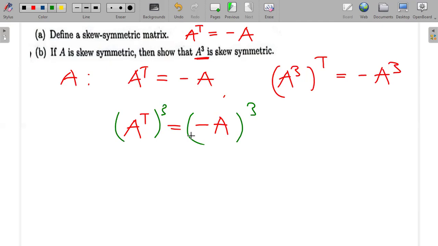Once I do that, on the left I have A transpose to the power 3. These powers, I can actually exchange them. Why? Because when you raise something to a power, it's the same thing. For example, 2 to the power 2 and then to the power 3 is the same as 2 to the power 3 and then to the power 2.